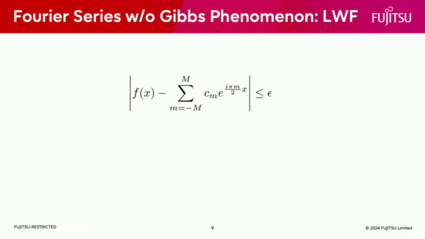We don't want this Fourier series to have any spurious Gibbs phenomenon, so we use what's called a low-weight Fourier series, that as long as you stay away from the edges of the interval of interest, you have an exponentially convergent series. So it's very similar to what people did a few decades ago with mollifiers, that kind of stuff. But here they use some intermediate Taylor expansions to obtain this result.